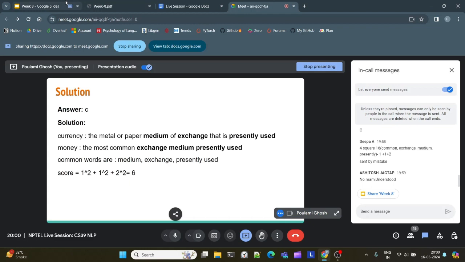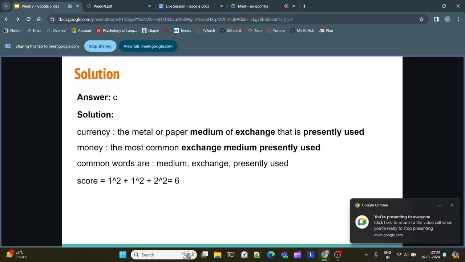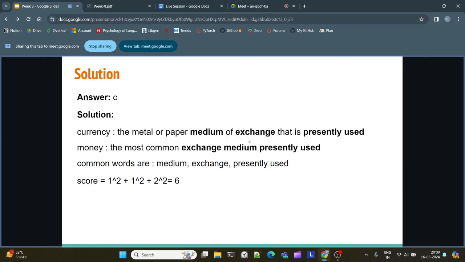In the currency gloss, it says the metal or paper medium of exchange, so exchange is followed by medium. And in the second sentence, it says the most common exchange medium, so medium is followed by exchange. So the order varies, but that's not a problem, because the only thing is we have to identify the common words.